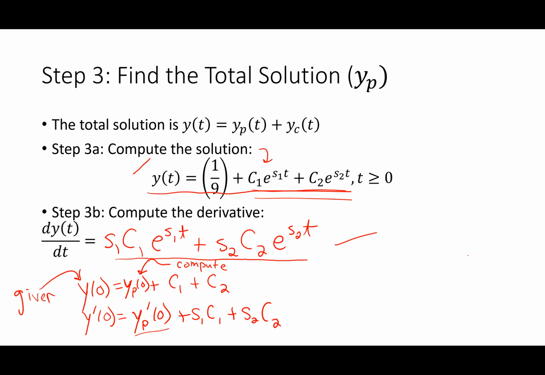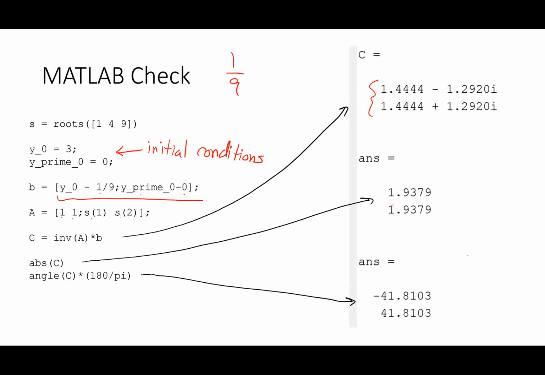So looking at what I got right here, what I see is that I have 2 times the magnitude of C1 times cosine of omega dt plus the angle of C1. So looking at this, what's the magnitude of this? It would be 2 times the absolute value of C1.